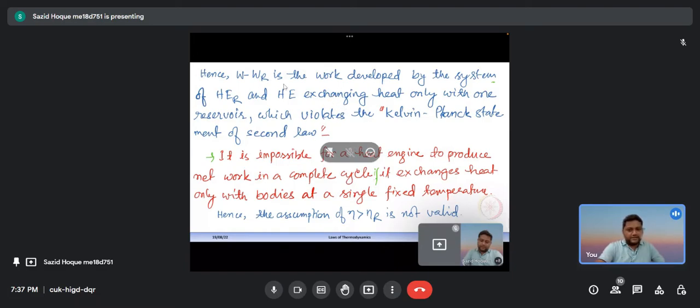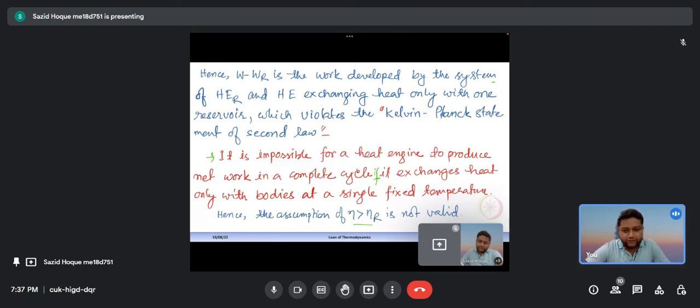The work we obtained came just from assuming that eta is greater than eta R. So from this logical explanation, we can say that eta cannot be greater than eta R. So this assumption is not valid.